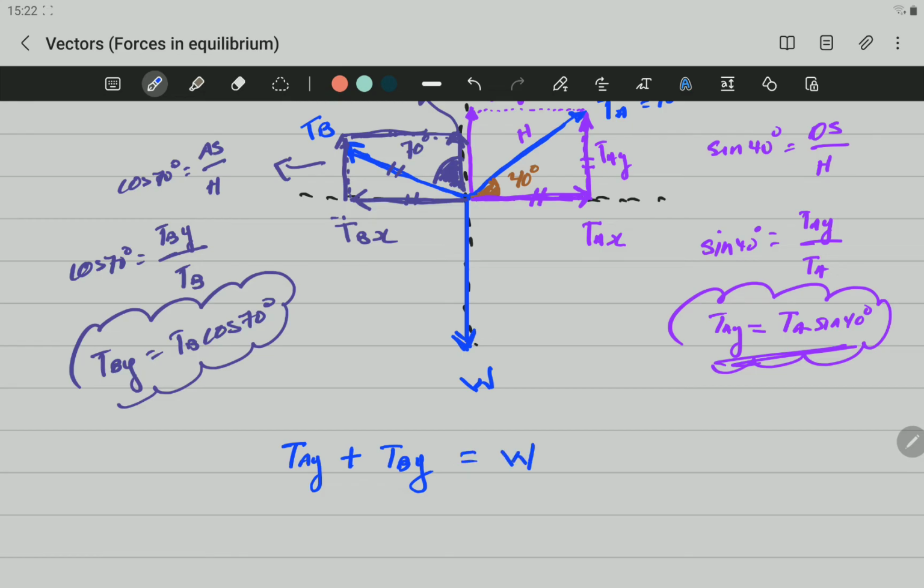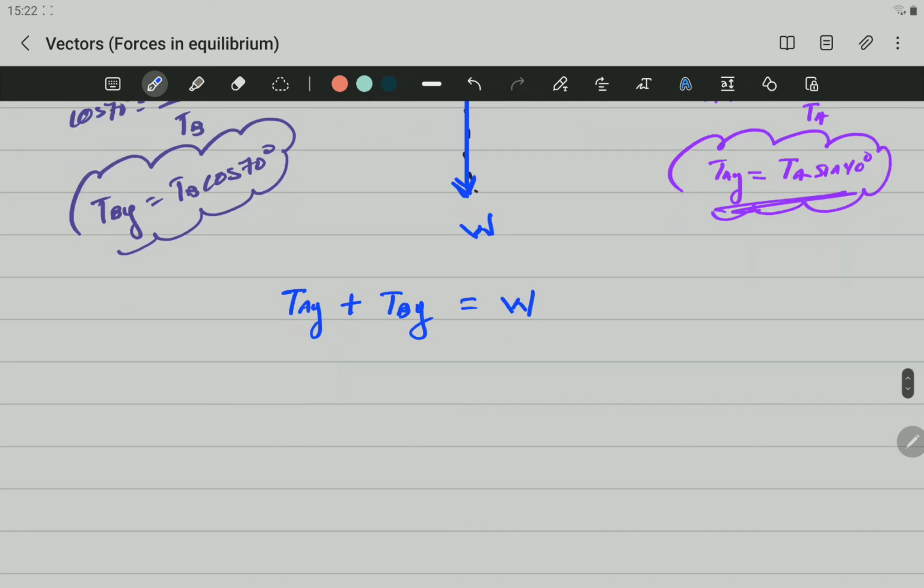W. All right, at the bottom we have W, and that is in actual fact what they're asking you to calculate. So if we substitute the formulas here, we have that W is equal to TA in y, which is TA sine 40 degree, plus TB in y, which is TB cos 70 degree.